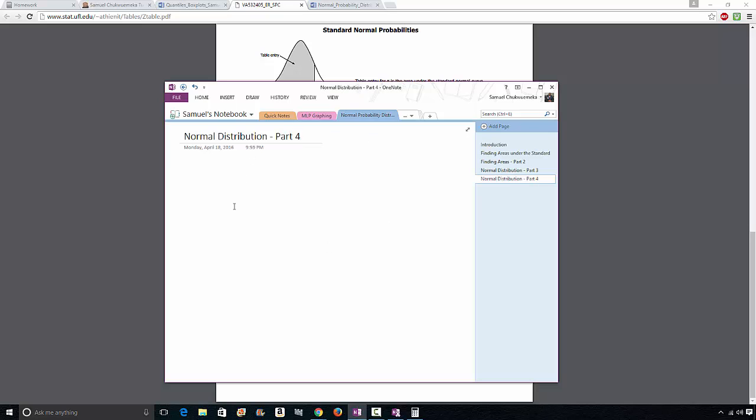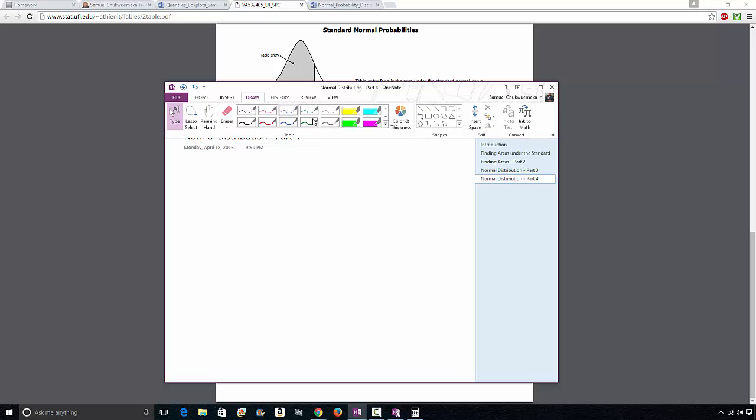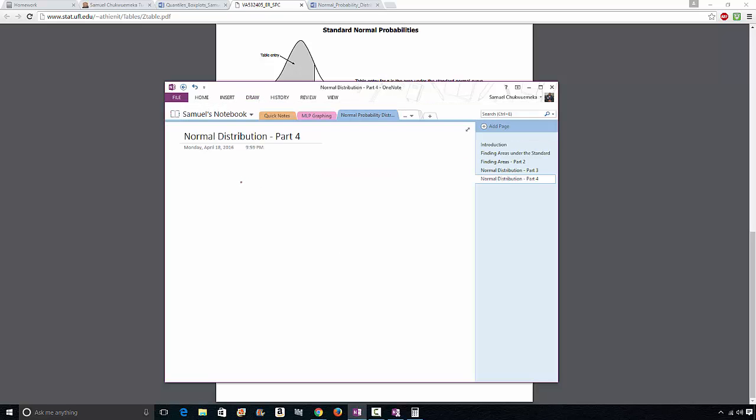Okay, so we're gonna interpolate this. Let's have this as the z-score that we are looking for, and let's have this as a probability, or area.